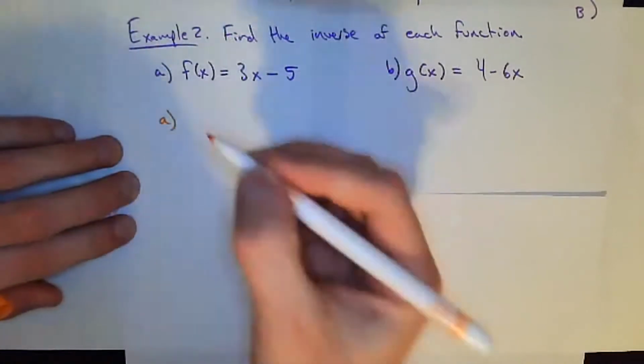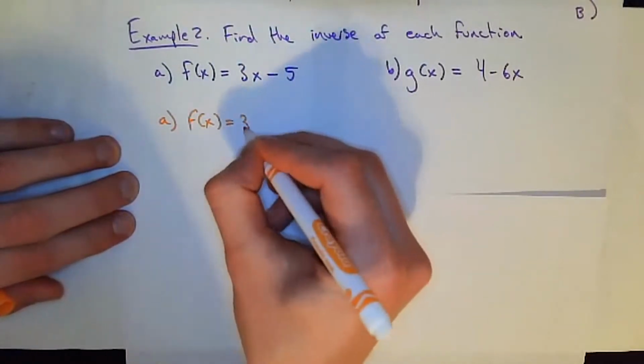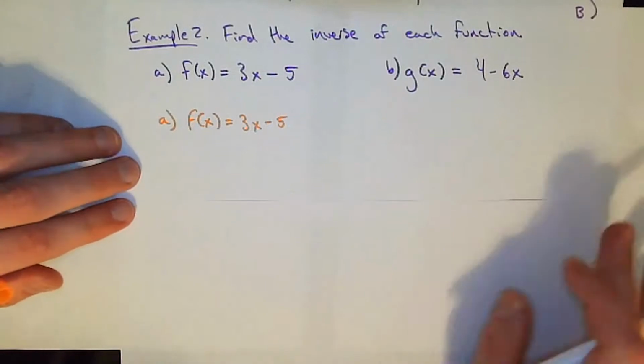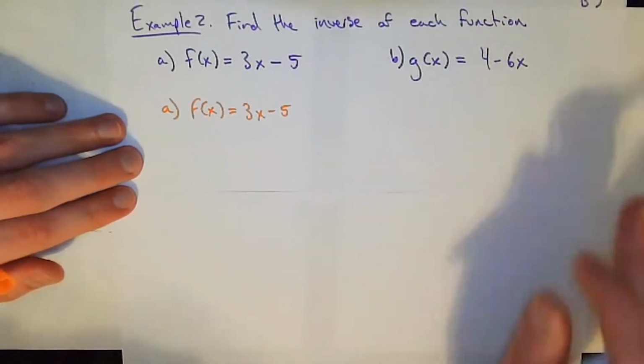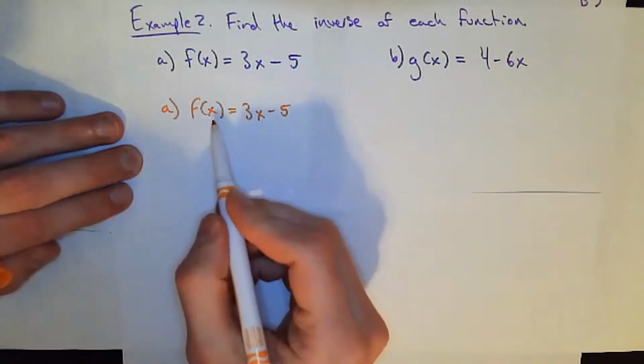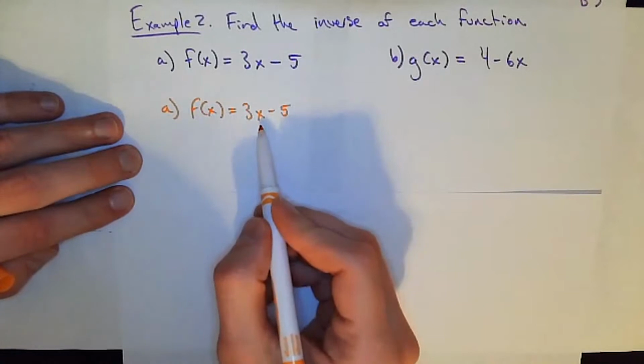So part A, starting off with f of x equals 3x minus 5. What I'm going to do is say, all right, f of x here is representing my output, and x is representing my input.